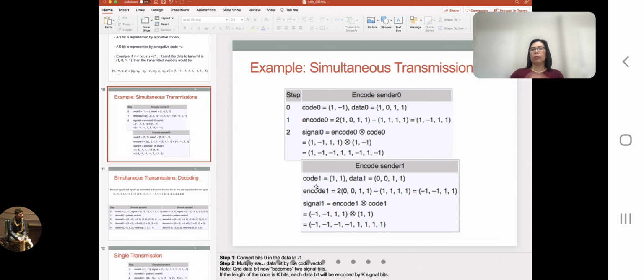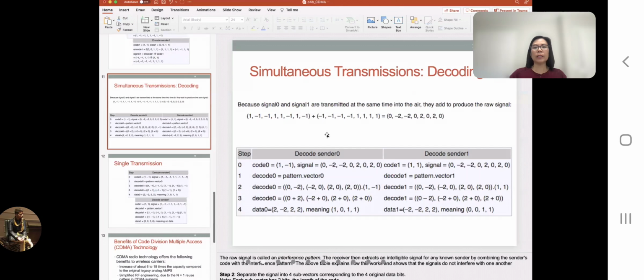So basically they transmit synchronously, so we add the signals together. We get 0, -2, -2, 0, 2, 2, 0, 2. So this is the combined signal transmitted over the air.